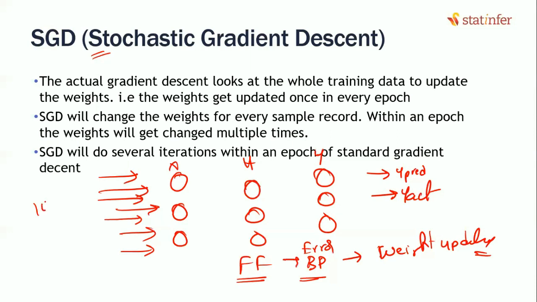Let us suppose you have 10,000 data points, you send all of them, then you will have 10,000 predicted values and 10,000 actual values. Then find the sum of squares of errors or some form of the error from i equal to 1 to 10,000. Then you do the error calculation, backpropagation, update the weights. That is known as one epoch.